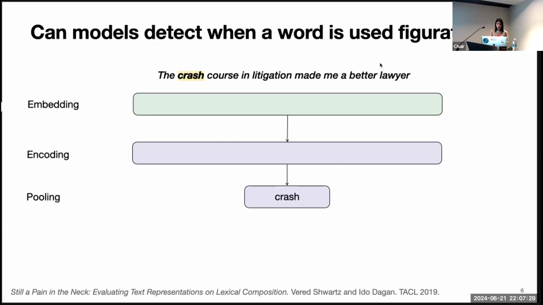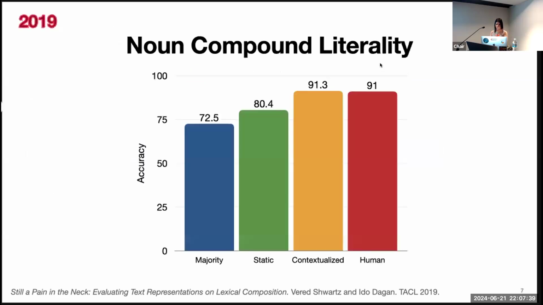We probed many models for this capability by embedding the sentence and then training a classifier on top of these frozen representations. And yeah, this was old work. At the time, we only tested BERT, GPT, and ELMo as our contextualized representations. But the answer was already absolutely: models can recognize when a word is used non-literally.